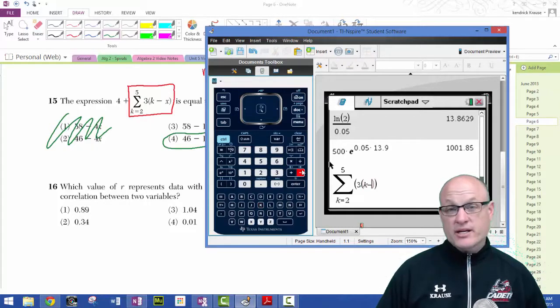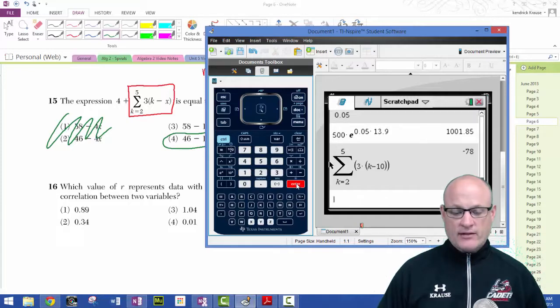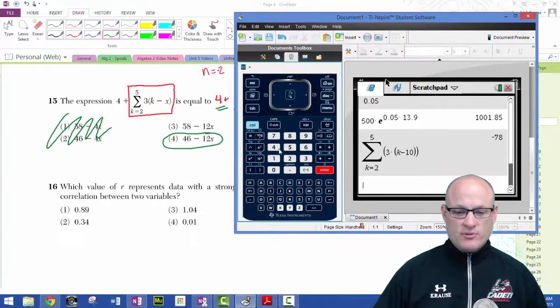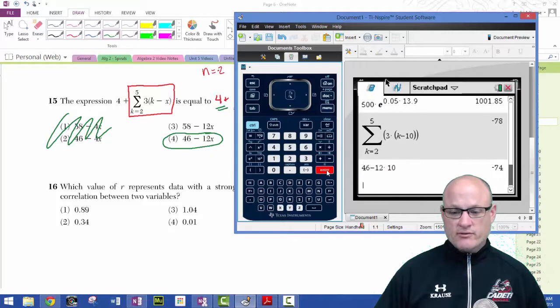Now I'm just going to pick any value for X here because otherwise it will give you some random thing, and I'm going to pick 10 for X. It just makes it easier. Whatever value you pick for X, we're going to pick 10, and we get negative 78. So if that's true, I should be able to go down here and go, okay, 46 minus 12 times 10 should also be negative 78.